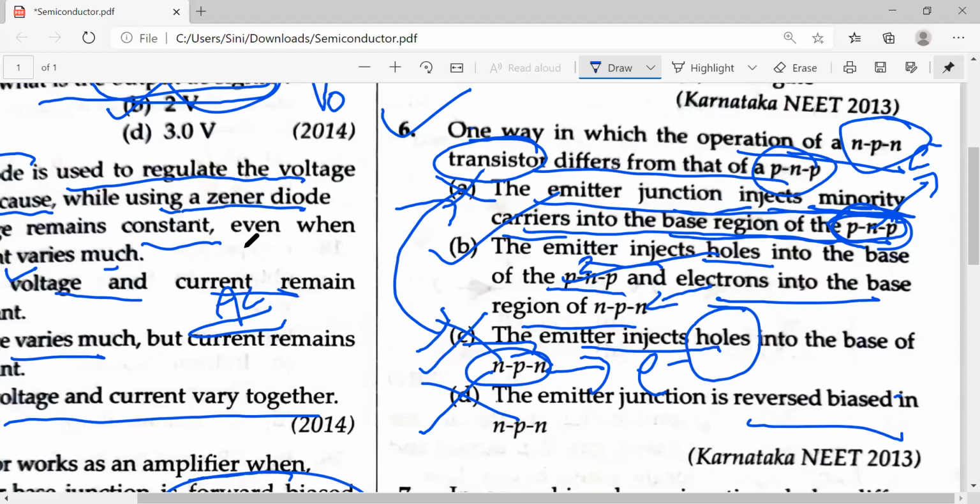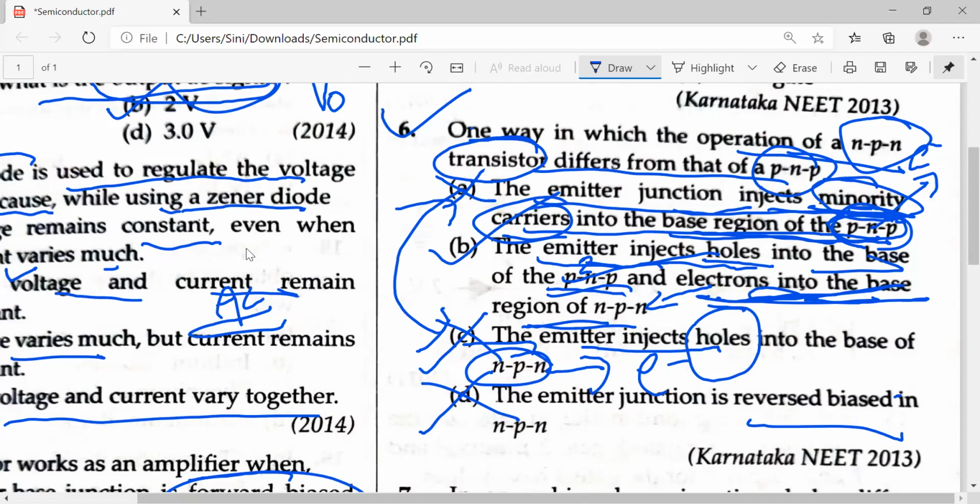Clear? Coming to this particular question, one way in which operation of NPN transistor differs from the PNP is that only if the emitter injects holes into the base of PNP will it be forward biased, and only if electrons get injected into the base of NPN will that be forward biased. Suppose I'm injecting minority carriers into the base of PNP, the first option: it is wrong, because if I inject electrons into PNP, it won't go to forward bias.